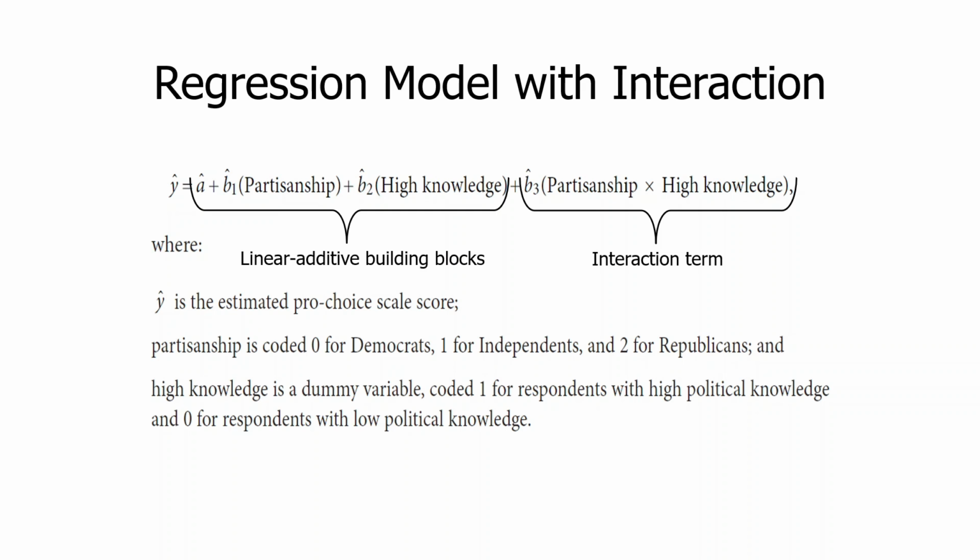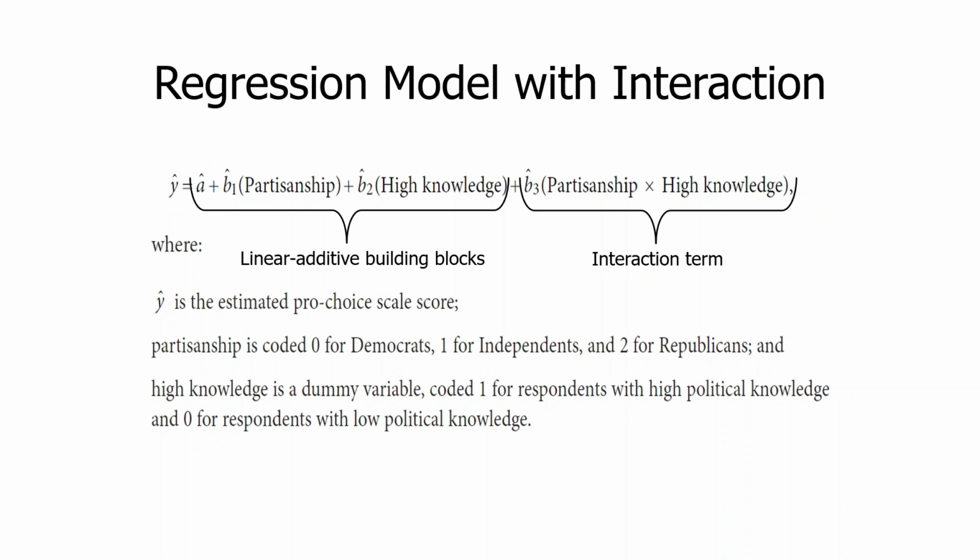So A hat is going to estimate the abortion scale for low knowledge Democrats. Why is that? Well, partisanship is 0 for Democrats, so this term drops out. High knowledge is 0 because they're low knowledge respondents, and so what's called the interaction term also drops out.